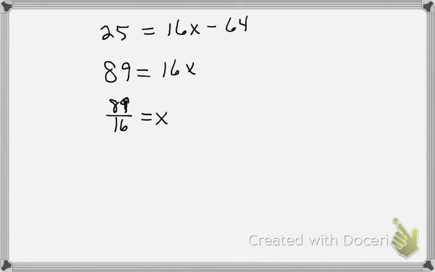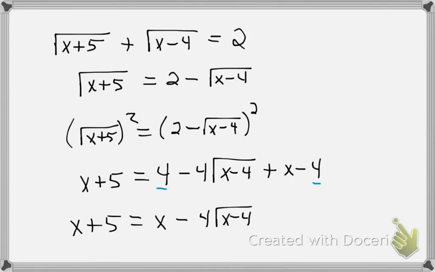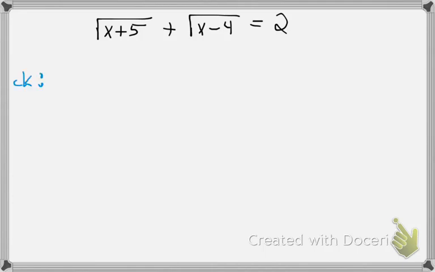But we have to check it. We got to check our answer. So we go back to our original equation: square root of x plus 5 plus square root of x minus 4 equals 2. The good news, we only have one potential answer to check.